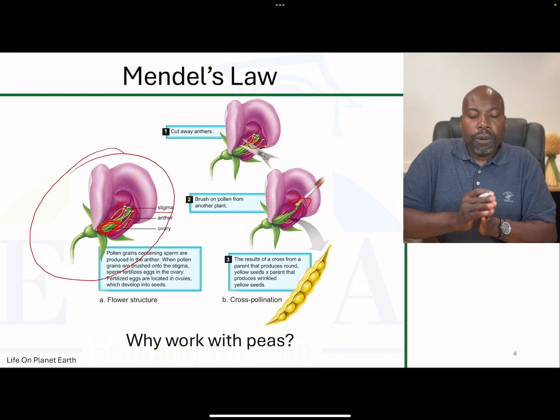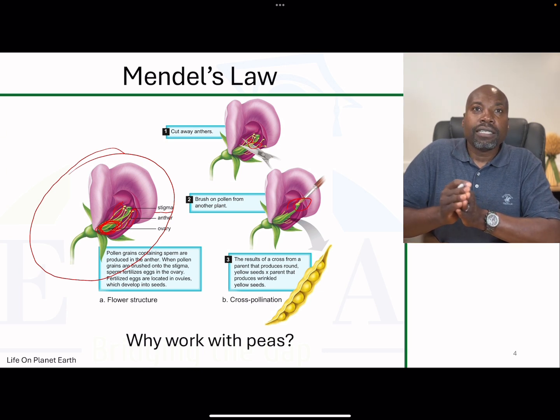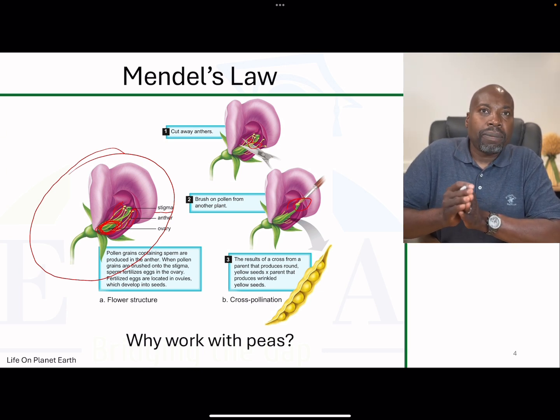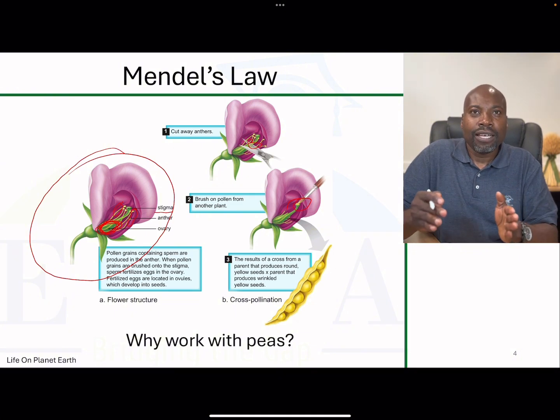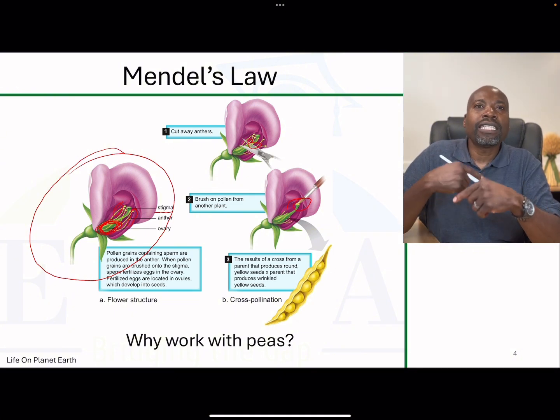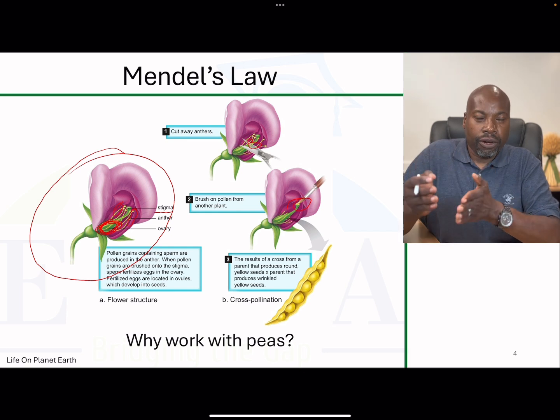And very importantly, the reason why Mendel did this work on pea plants is because pea plants are relatively easy to work with. They have a short life cycle. They reproduce many times during the year, right?